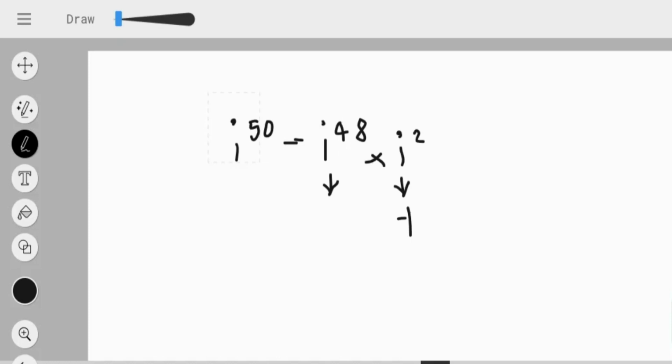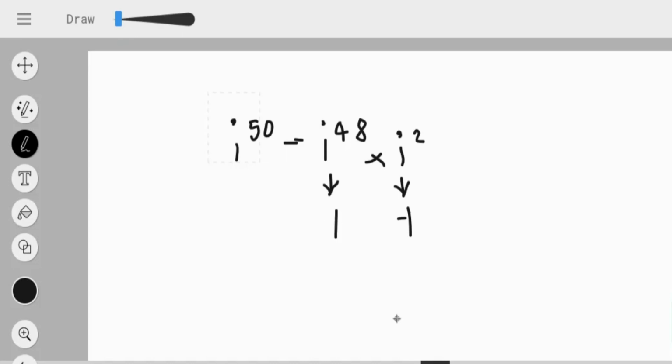Why? Because, look at the pattern that we have in the table of chaos. Think hard back to the pattern in the table of chaos. We said i to the 4 equaled 1. So we could really just write this as 1.